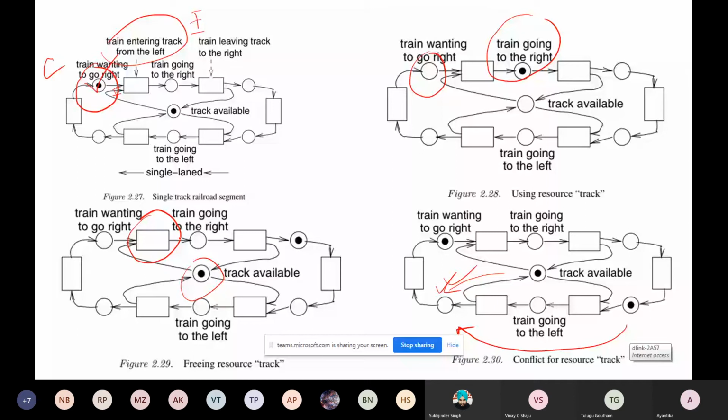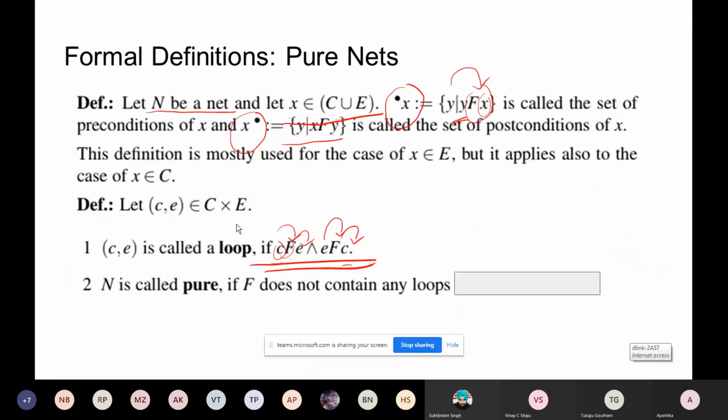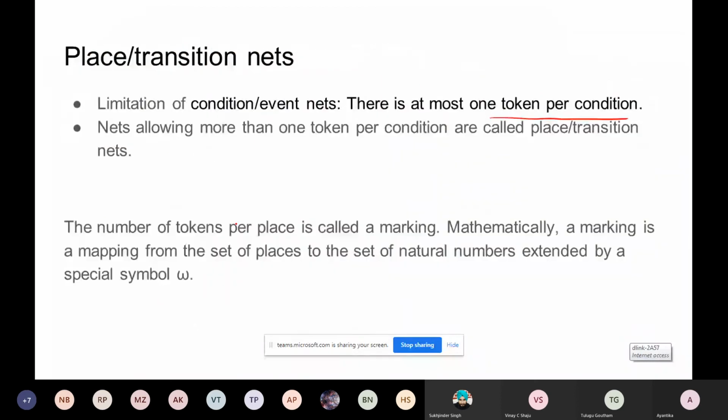These possible conditions may come from these tokens, and these possible conditions may come from also these tokens. But in case of a general net, a place or transition net, at most one token per condition is possible. So that is the limitation of place or transition nets.